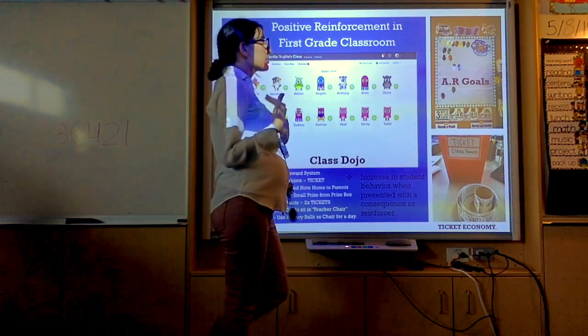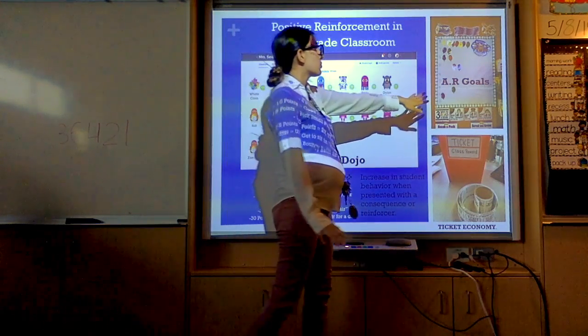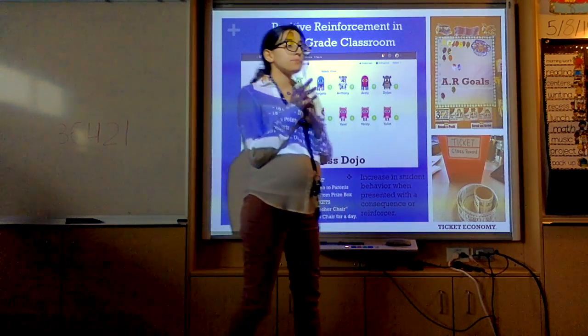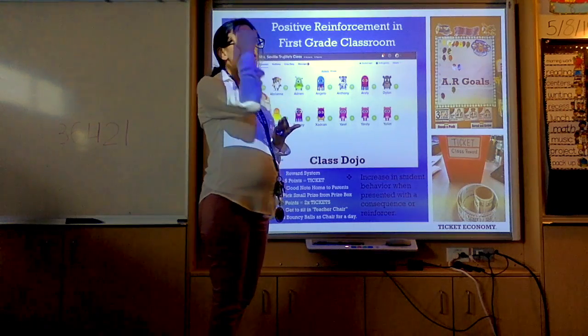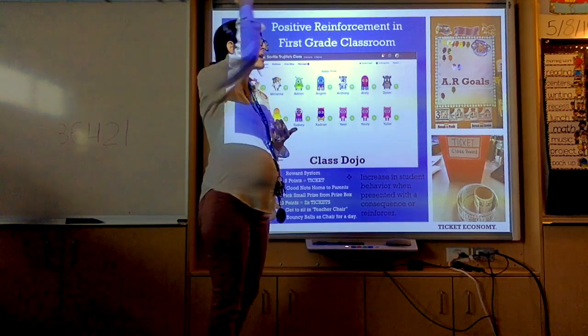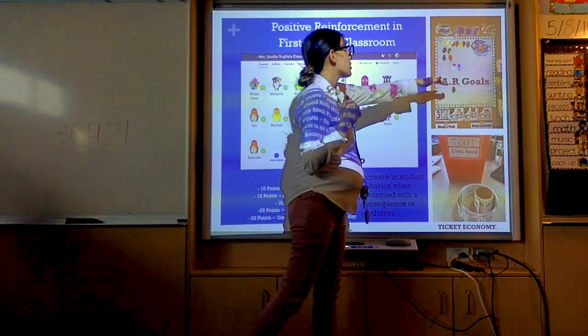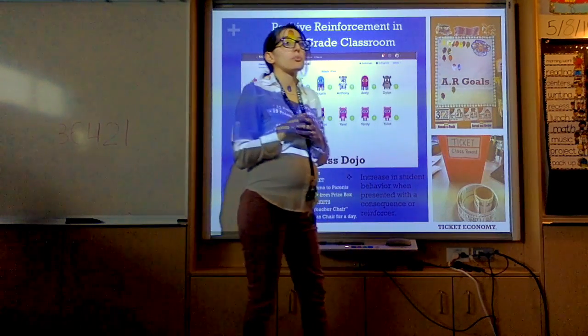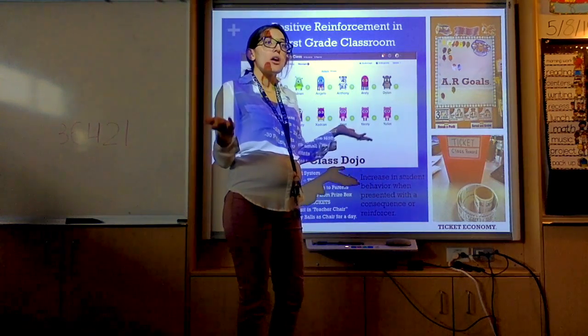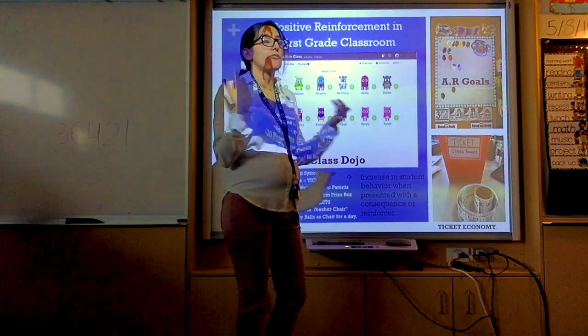So what I started doing is I made this bulletin board with every kid's name on it, and as they reached their AR points, I would move their balloon up the sky until they would reach the AR point goal for that quarter.